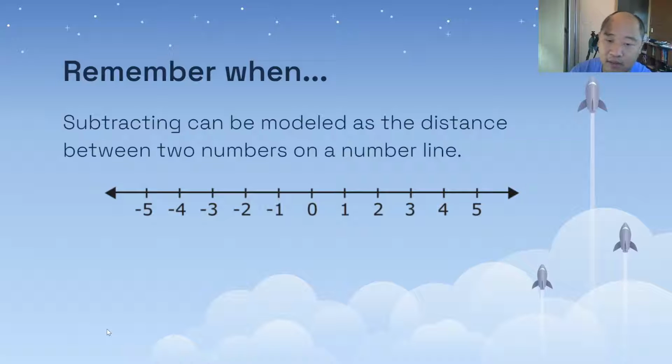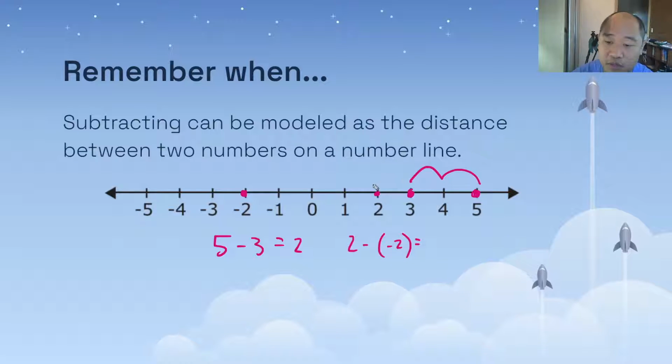Remember that when subtracting numbers, it's like finding the distance between two numbers. So for example, 5 minus 3. 5 is here, 3 is here. The distance between them is 2. Negative 2 and 2. 2 minus negative 2.